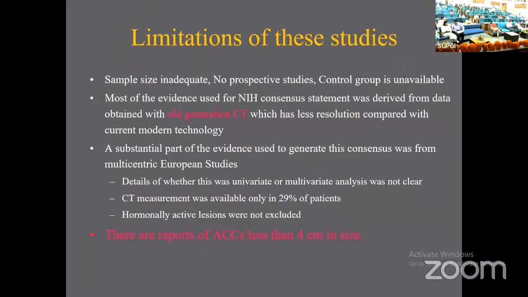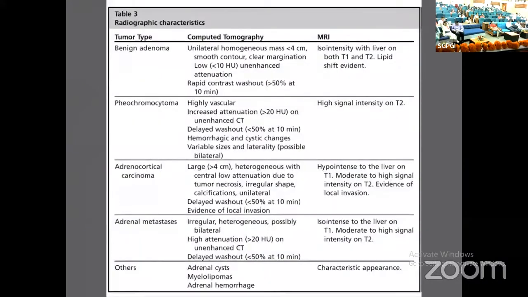And interestingly, CT measurement was available only in 1/3 of the patients, and hormone active lesions were not excluded. So there's a lot of heterogeneity in these studies. This is compounded by the fact that there are now reports in literature that even adrenal lesions less than 4 centimeters may harbor malignancy. So certainly, we need something more than size alone to predict malignancy.